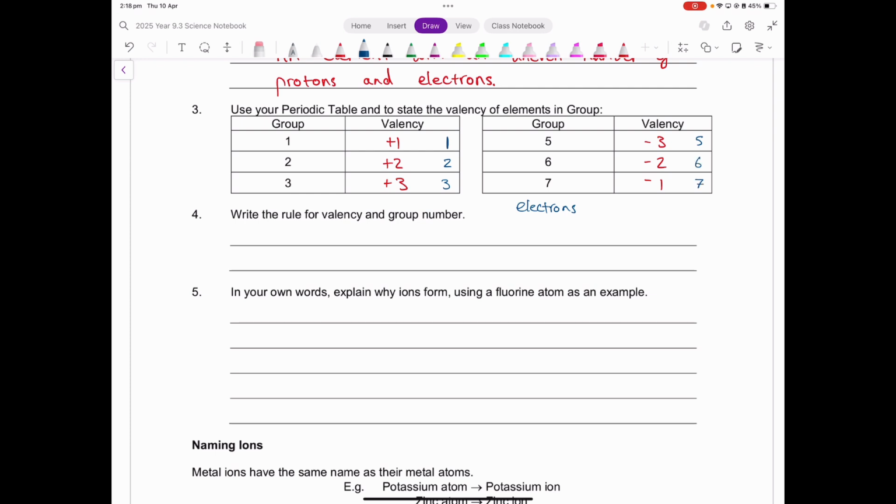Now, this provides our rule for us. What is the rule for valency and group number? The number of valence electrons is the same as the group number.